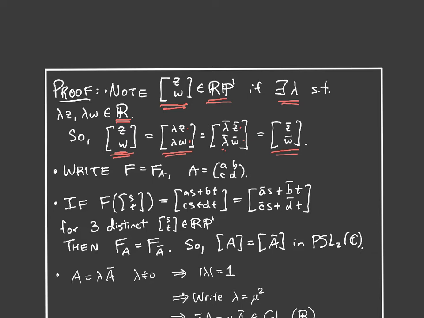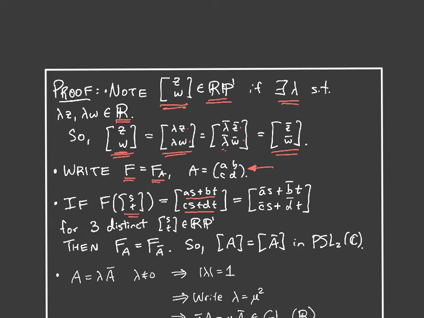Now I'm going to take my fractional linear transformation, F, and I'll write it using a matrix (A, B, C, D). And let's plug in a point in RP1 into F. So it'll be written in this form, (AS plus BT, CS plus DT).